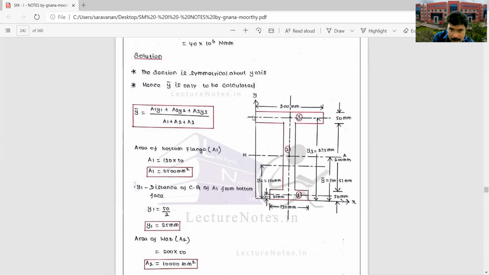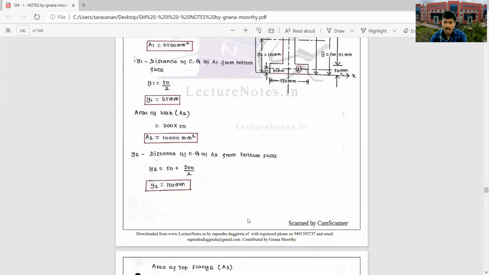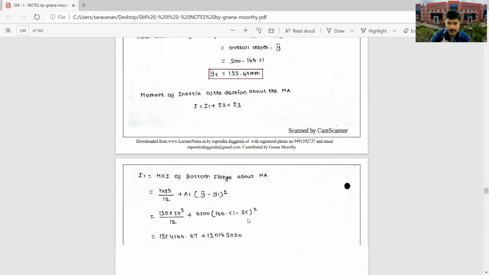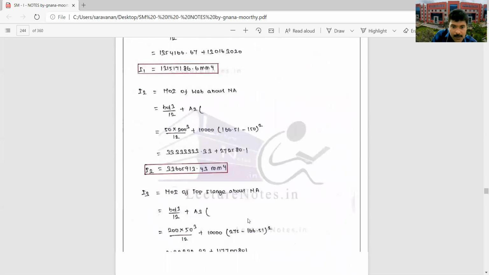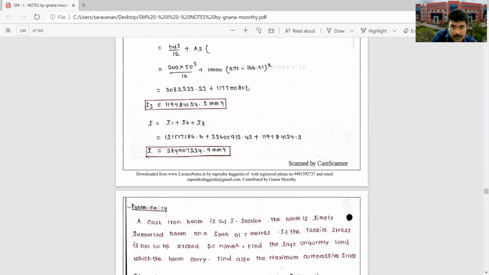But we need the distance between the center of the third section and the neutral axis. So the center of the third section from the bottom is 275 minus the neutral axis distance 166.51, and you will get that distance. So I3 will be 275 minus 166.51 the whole square, and you will get the I3 value.